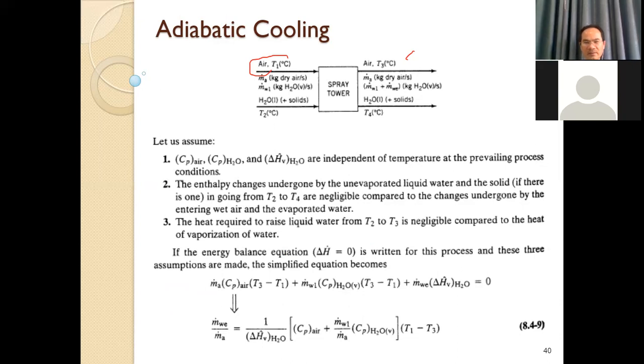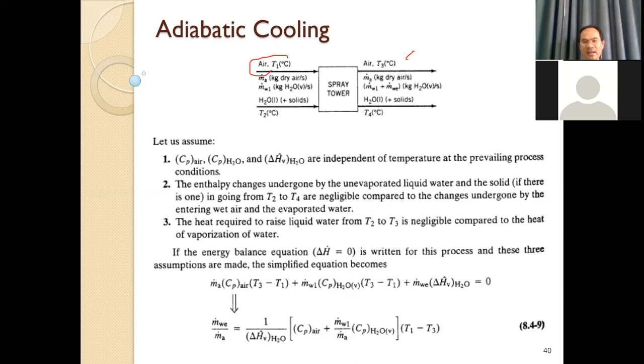And also we have some assumptions for this case: the entropy of air, entropy of water in liquid phase, and entropy of water in vapor phase are independent of temperature. This is for the case of low temperature difference.